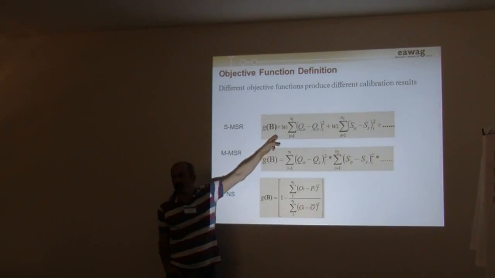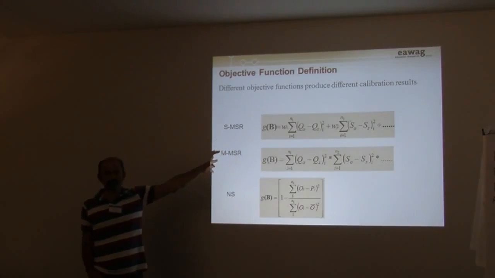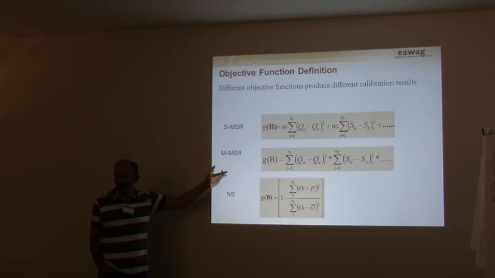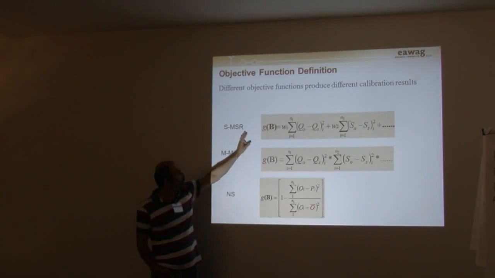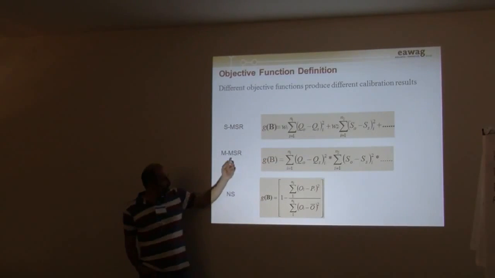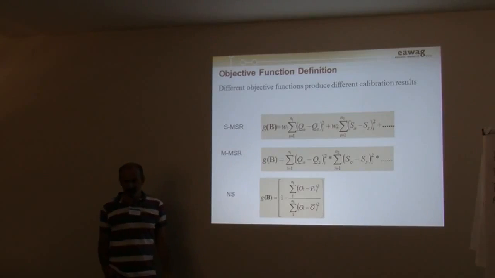And then there are different formulas for calculating the weights, and if you use different formulas, you come up with different weights, and then at the end you come up with different answers. So to avoid using the weight, you multiply them together like this for the multiplicative sum of square errors, or you may use Nash-Sutcliffe, very popular.